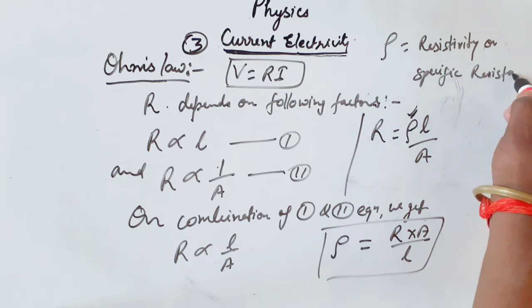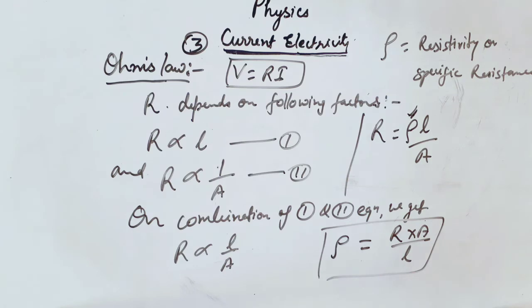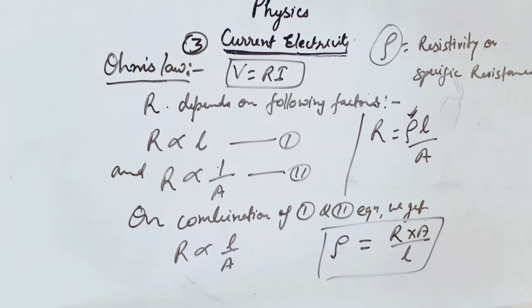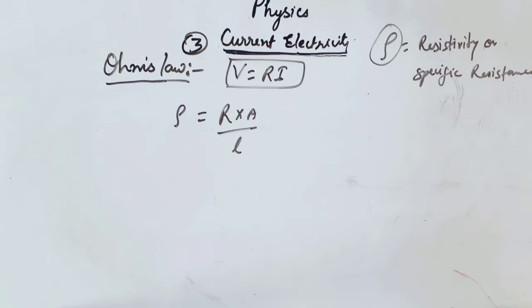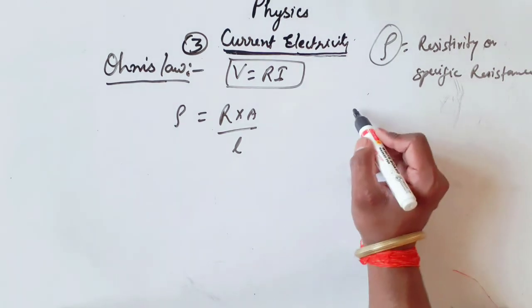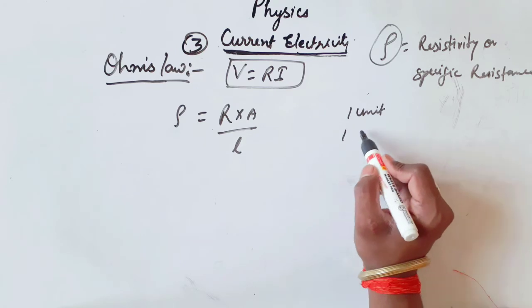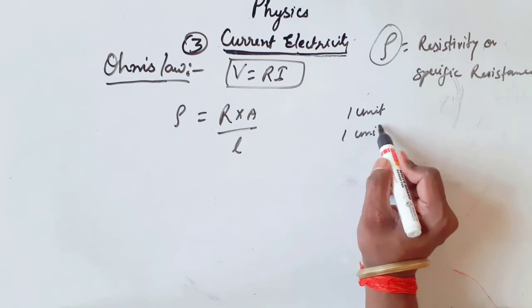Why is it called specific resistance? Because it is equal to the resistance of the conductor in a special case: when current is flowing through a unit length and a unit square area of cross section.